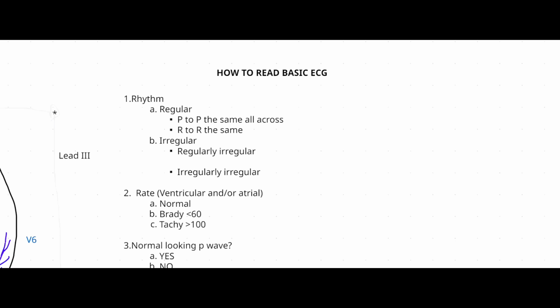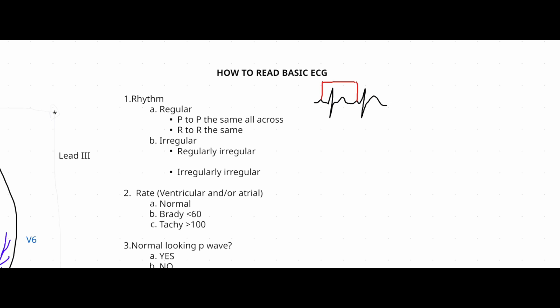You would measure, so here's the P, and then you would look at the next P. Okay, so when we're measuring P to P, you can use either a caliper, or I just use paper, really. And then I measure from the, oh, that's wrong, that's not from the peak, but from the beginning.